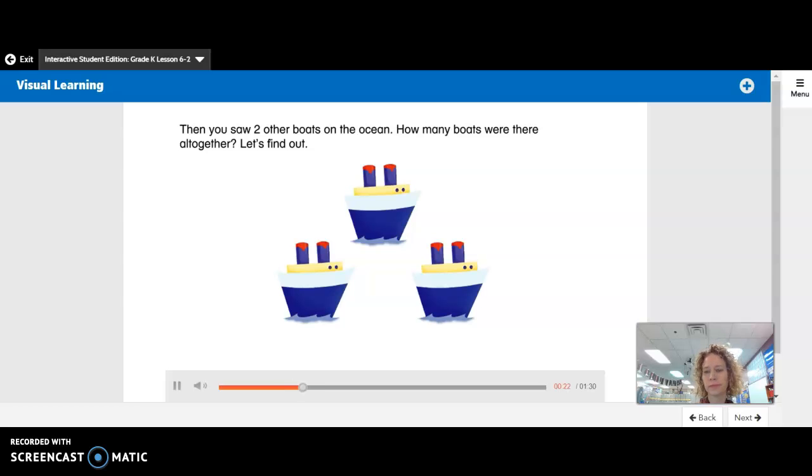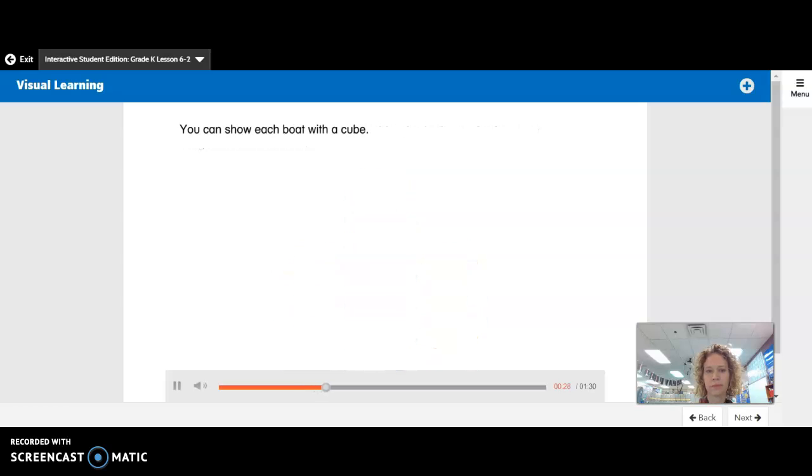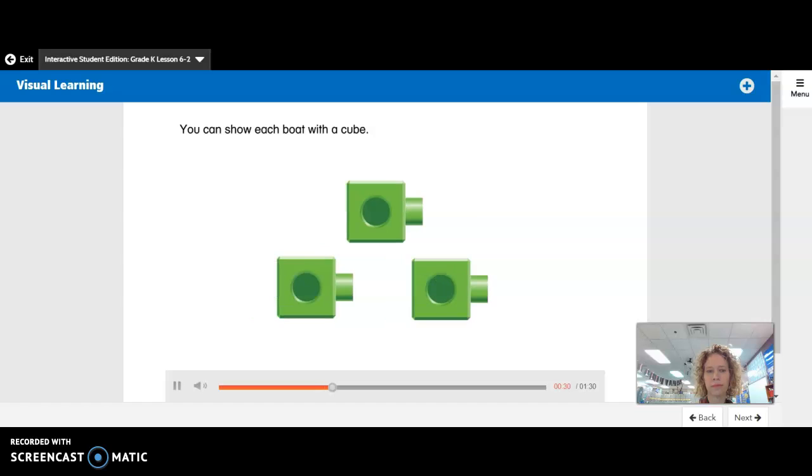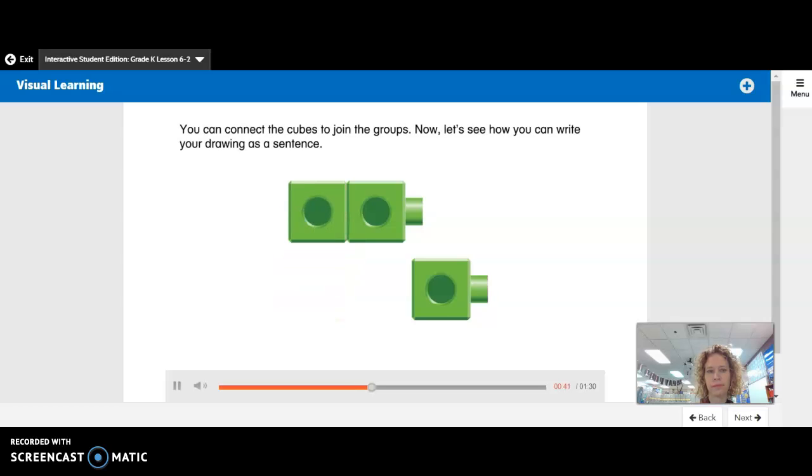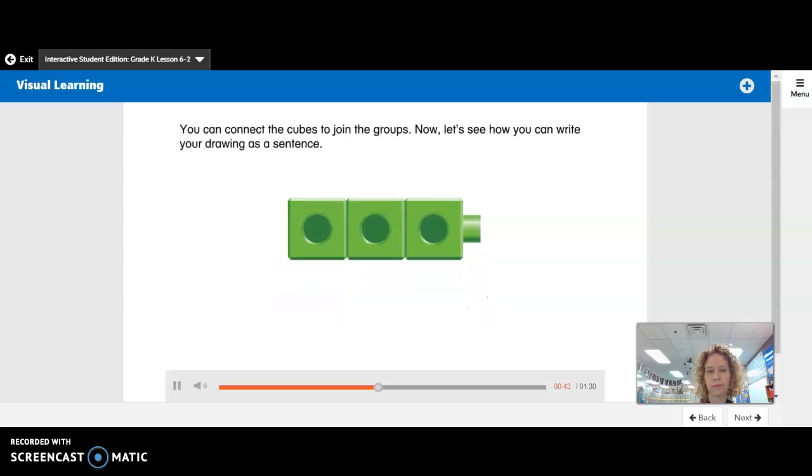How many boats were there altogether? Let's find out. You can show each boat with a cube. How can you use the cubes to find out how many boats there are altogether? You can connect the cubes to join the groups.